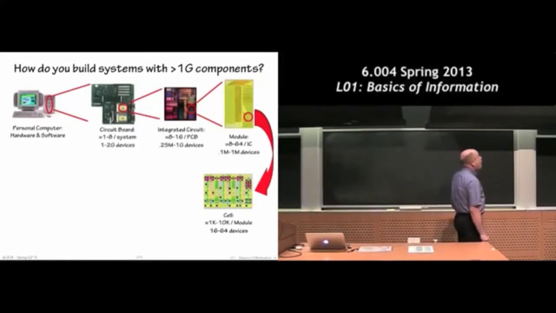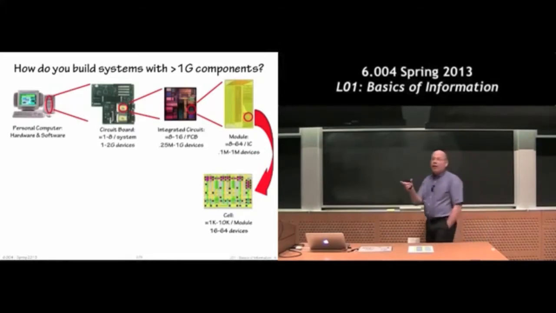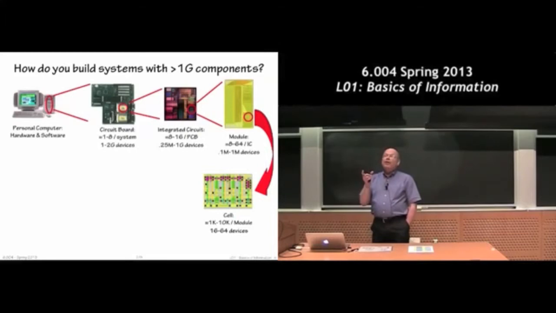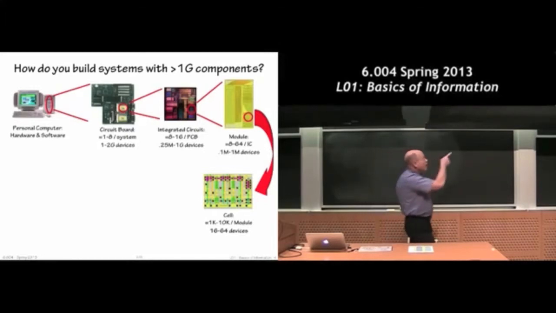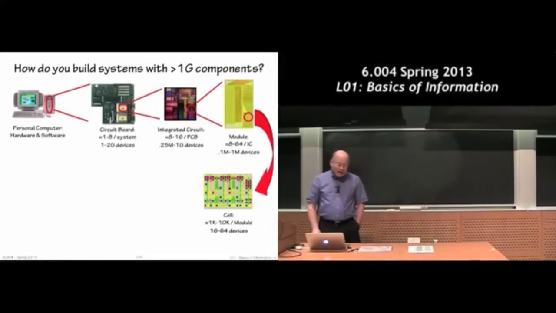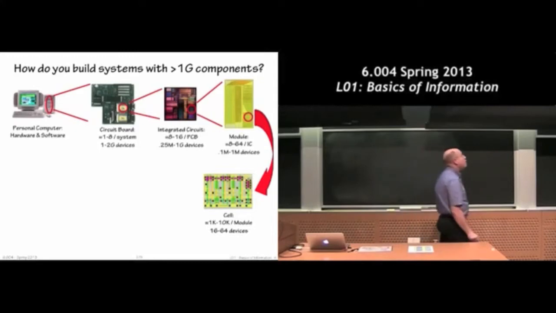Now the dimensions of that thing are about 50 lambda across, where a lambda in the modern world is equal to about 2/10 of a micron. So that's getting way below what you could see with visible light. I mean, the wavelength of light is a couple hundred nanometers. So we need fancy electron microscopes to be able to see these sorts of things.